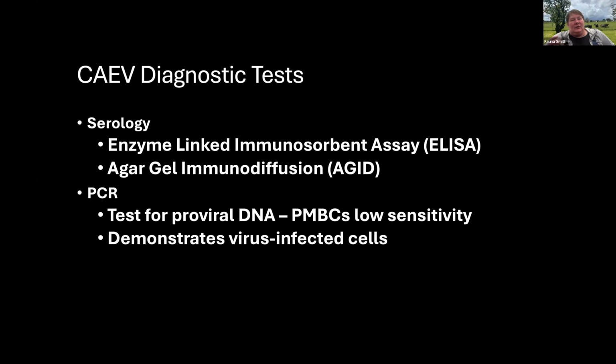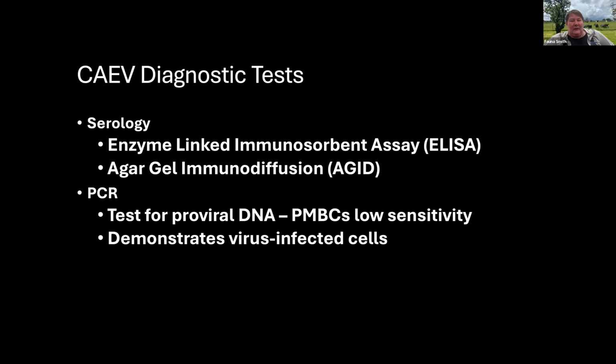These are a really important way to control disease at the herd level, but we also have to understand the limitations of the test. I will also mention that PCR is available, at least in the United States, at several labs, and they will take whole blood. But you have to remember that this is a test for proviral DNA.